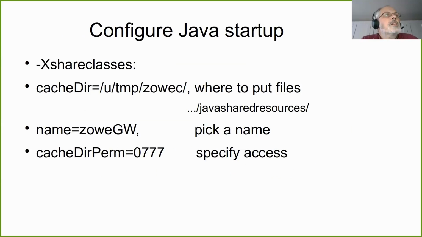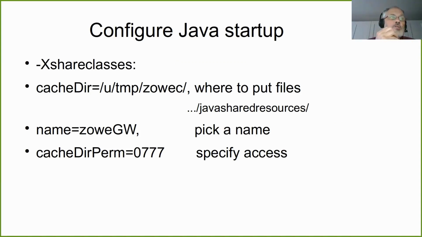How do you configure it? You specify shared classes. You can say -Xshareclasses, and you pass in the cache directory, and this is where it stores the files. In this case, I use the directory /u/temp/zoec, and you have to give it a name. So, for example, you could have different JVMs, each with their own instance of the shared cache.